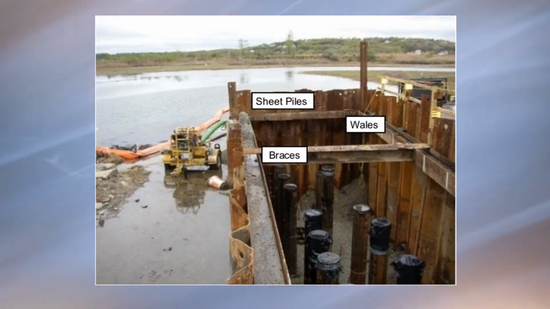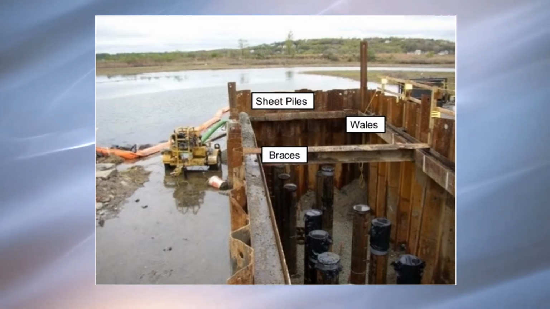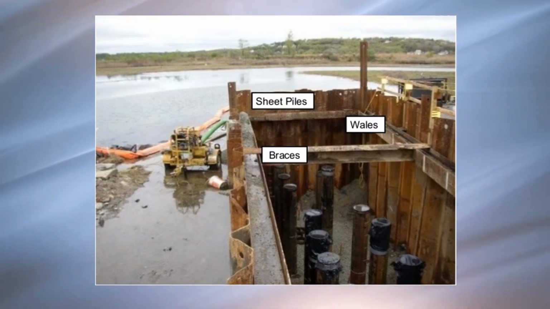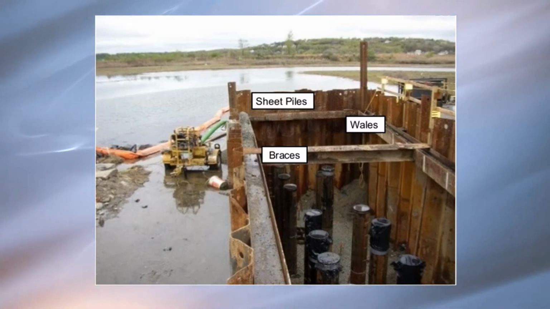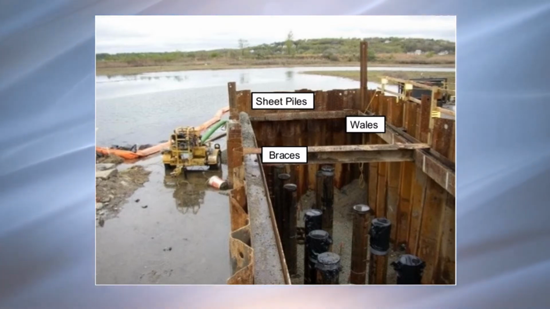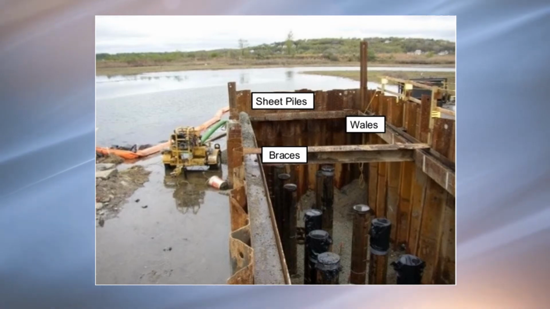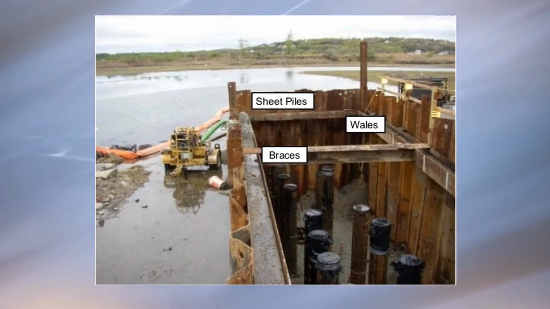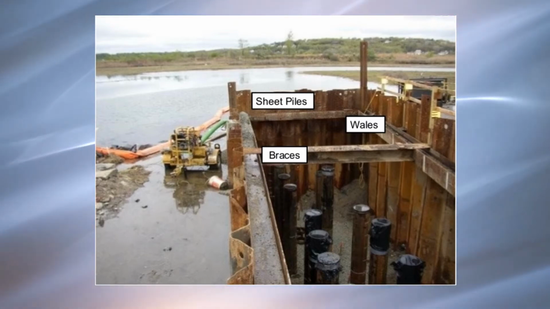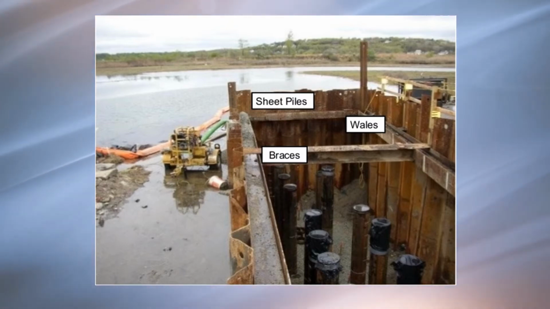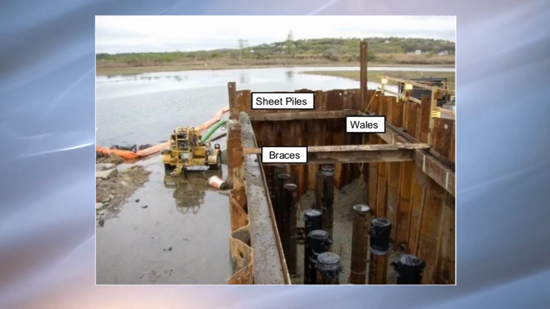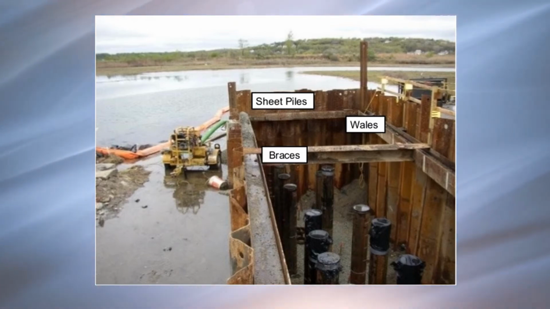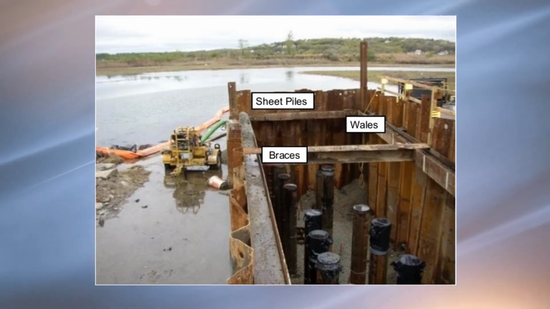Number 2, wales. A wale is a beam that covers the top edge of the sheet piles around the perimeter of the cofferdam. Number 3, braces. It is used to maintain the structural integrity of the sheet piles around the circumference of the cofferdam by resisting the pressure of the outside water against the sheet piles.